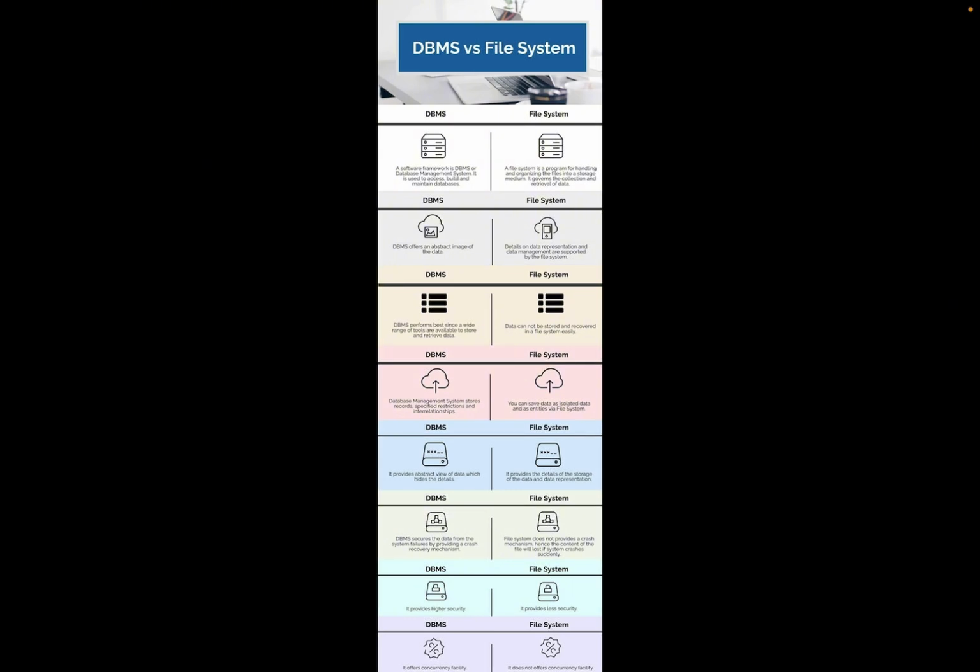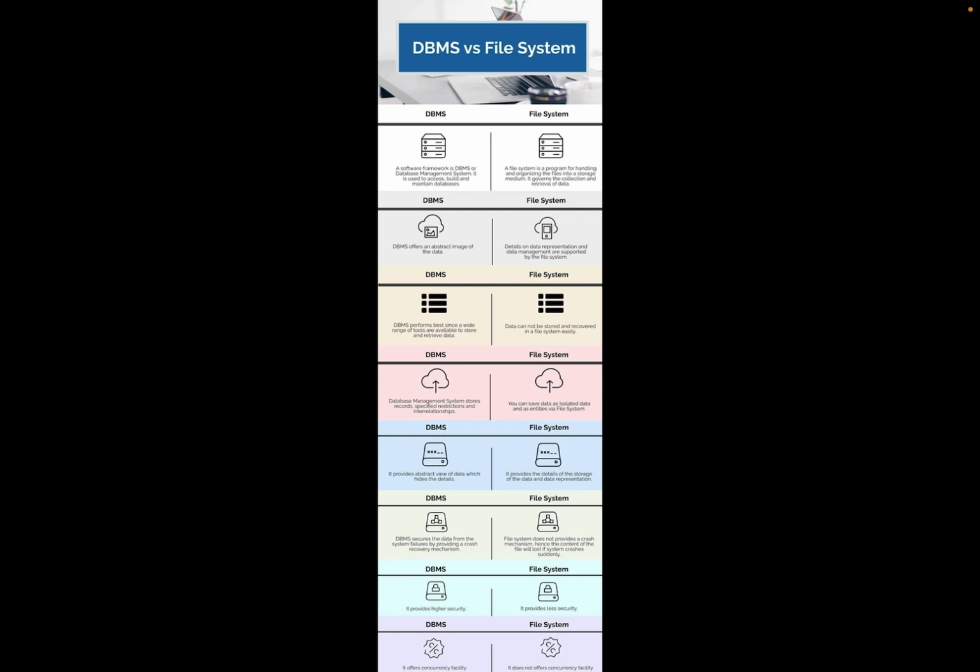But in DBMS we can eliminate that redundancy, that is duplicates. And then backup and recovery. Whenever there is a failure, the file system is not able to recover all these files. But in the RDBMS there are backup tools, and even if data is lost we can recover the database. That is how it works.